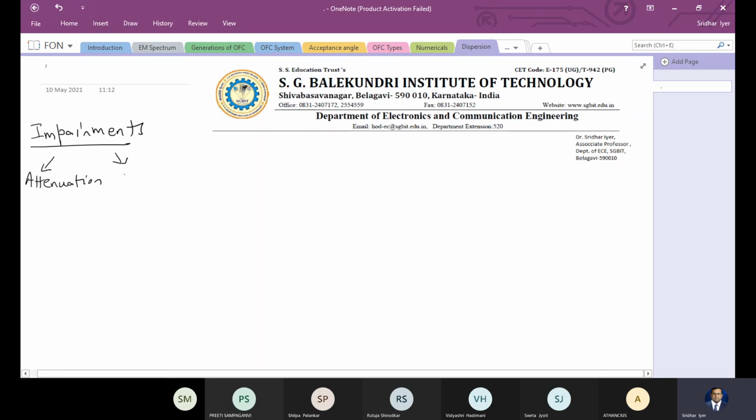There is another impairment which we are going to start now, which is dispersion. And then there is a third kind of impairment which is outside the scope of this syllabus, but just for your information, it is known as non-linear effects. The reason they are non-linear is that the fiber itself is non-linear. This is not part of the syllabus.